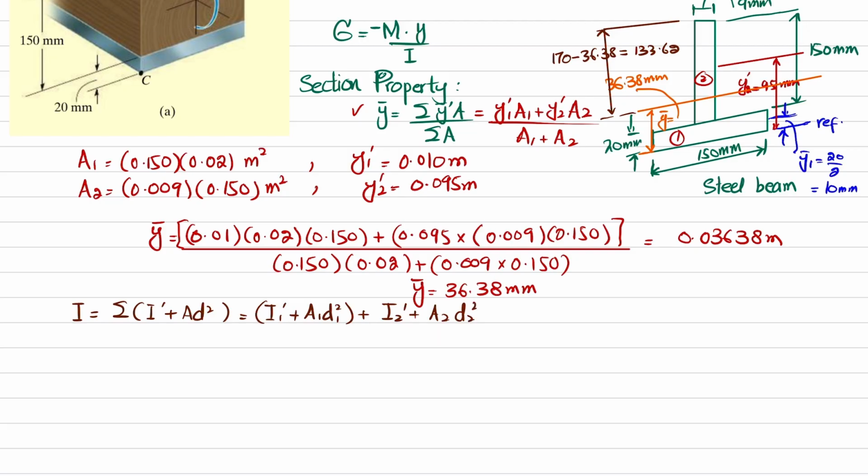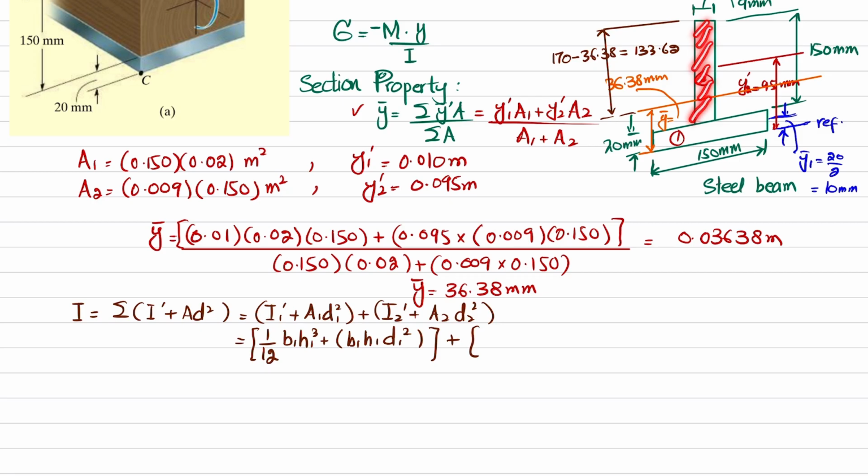Now what is I1? For this one we will take the moment of inertia about this neutral axis. So it can be written as 1 over 12 B1 H1 cube plus area, which is B1 H1 into D1 square. Clear? This will be I1, and I2 dash is for this section.